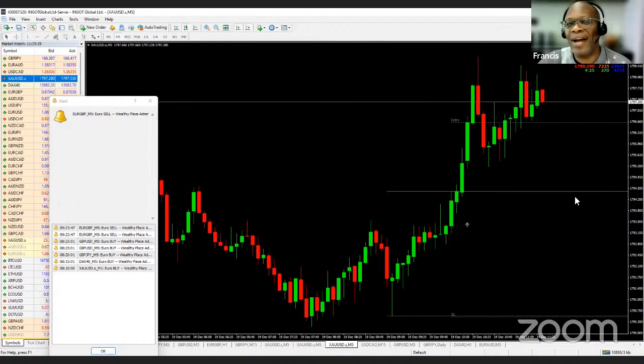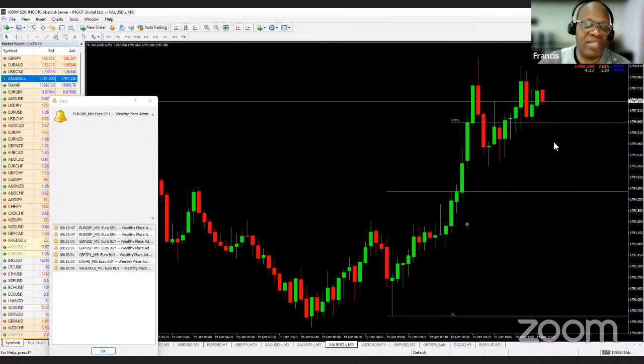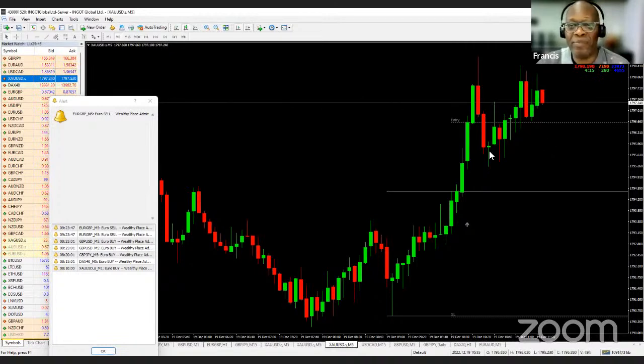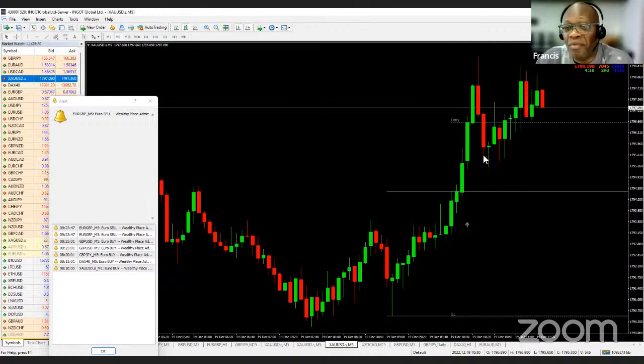I tend to avoid risks because I know you are trading with me. If I lose, it means you are going to lose if you enter the trade. So I don't just give signals. I do further analysis. But if you have this indicator, you can obviously decide to enter the trade.